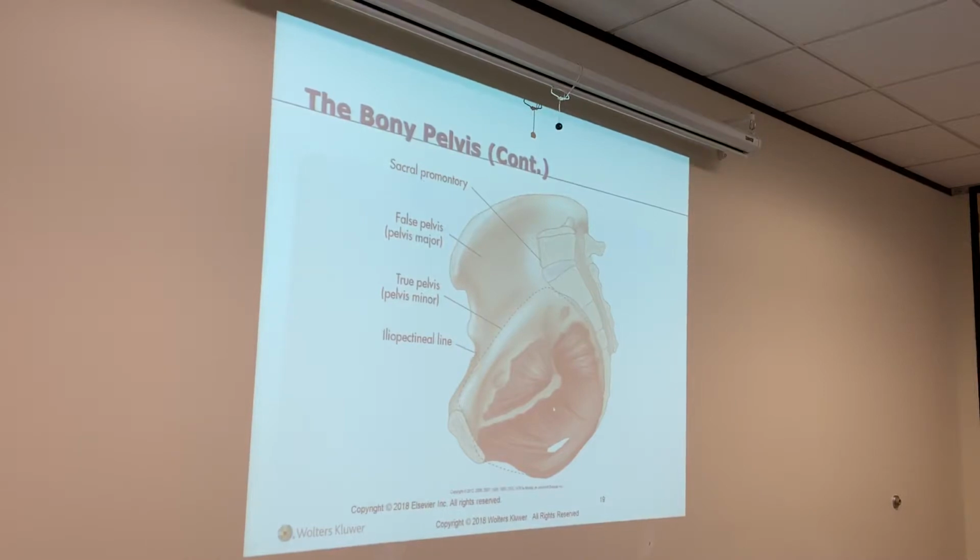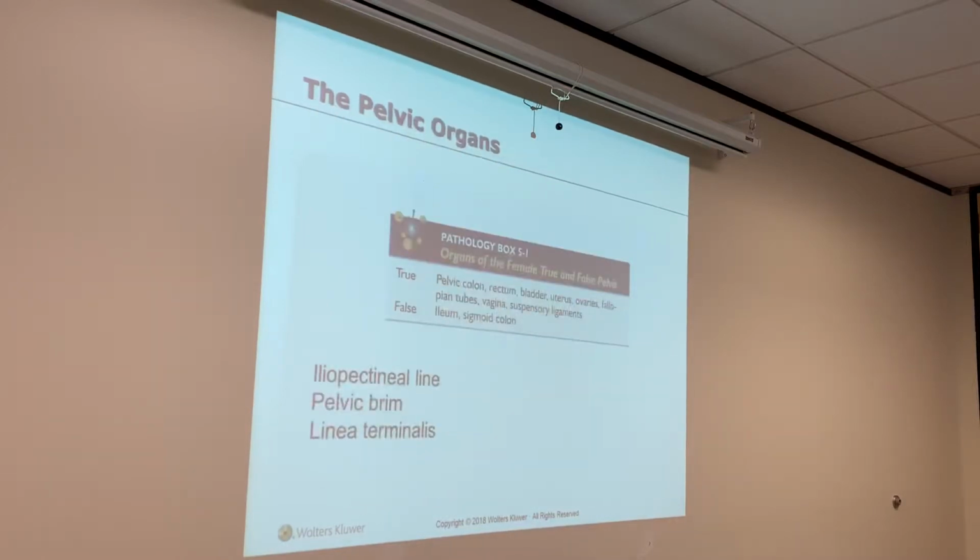That's where all my female organs are. Iliopectineal line is here. Iliopectineal line is also known as what? Linea terminalis, or the pelvic brim.